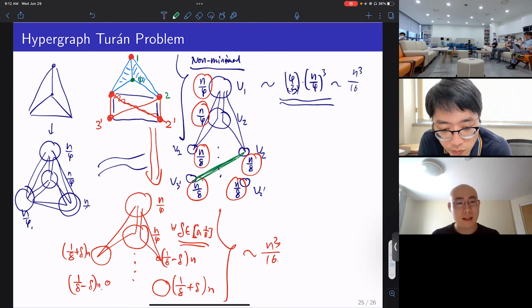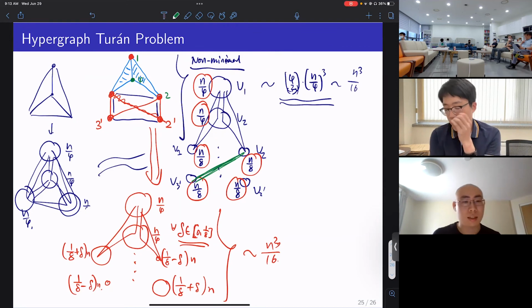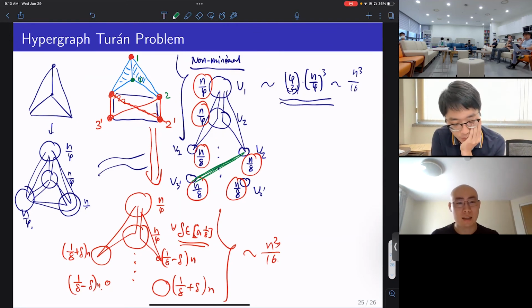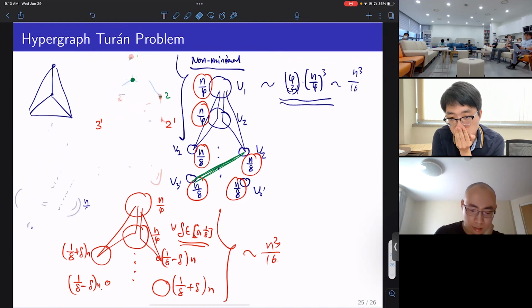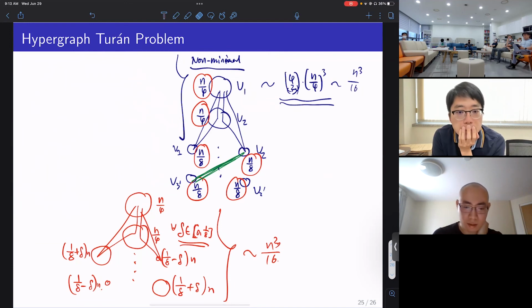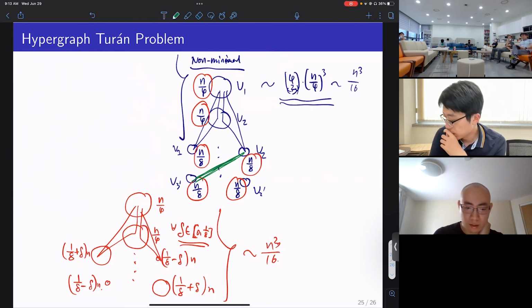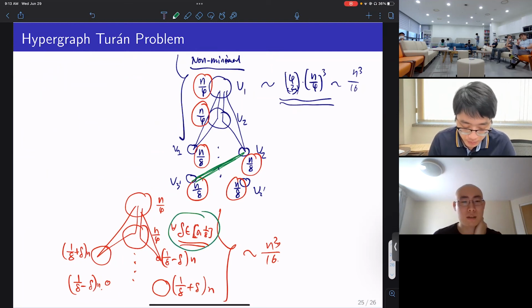So that's what we call non-minimal, meaning you can blow it up in different ways to get exactly the same number of edges. So where is the infinite now? Infinite is here. You have infinitely many choices for delta.